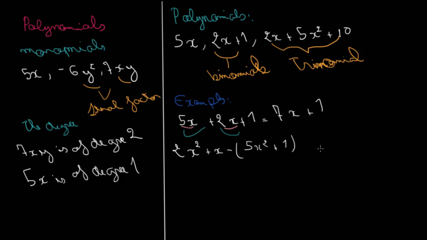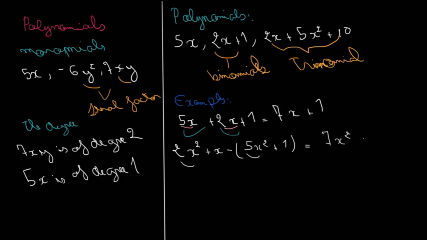Okay, so here I follow the same steps I followed in the previous example. What I noticed is I have 2x squared, which has the same degree as 5x squared. So I simply add them, and I get 7x squared.